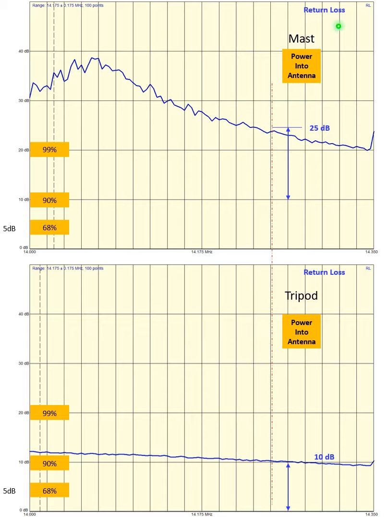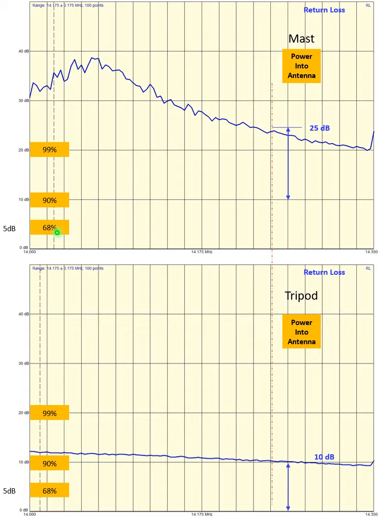So we take a look at the fourth plot that we get off of that software, the return loss. When we look at the mast, on this axis, these are the return loss readings from 0 to 40 dB. I stuck 5 dB in here. And then I put the values for that decibel level of power getting to the antenna.